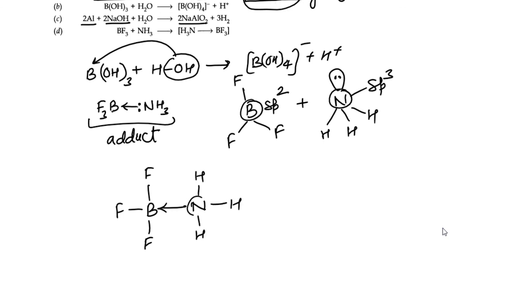Nitrogen also forms the same number of bonds. So boron as well as nitrogen, both are sp3 hybridized. So when BF3 forms an adduct with ammonia, there is a change in hybridization of boron. Boron hybridization changes from sp2 to sp3, and nitrogen hybridization remains the same.